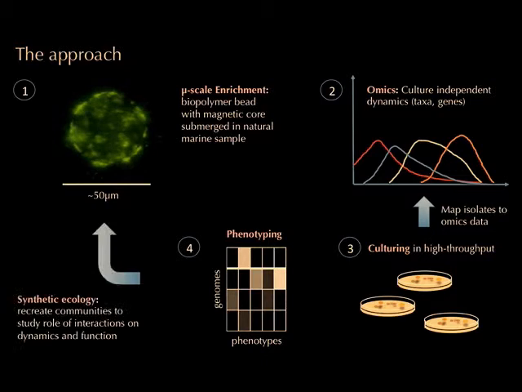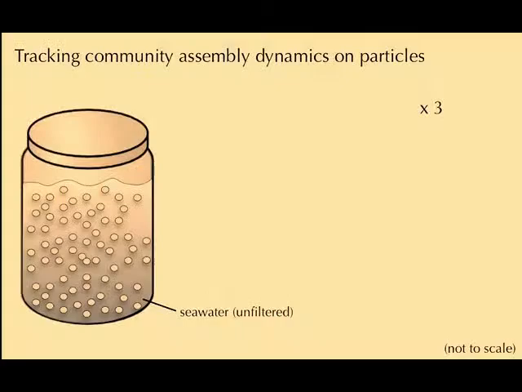Ultimately, we can do what I call synthetic ecology, which is reassembling communities and trying to find the logic of how these things work. So that's the approach. That's what we're trying to do. And so I'm going to finally tell you about the first story, which was published. I'll try to be brief, and then I'll move to things that are at different stages, but all approaching publication, or at least submission, which is quite different.